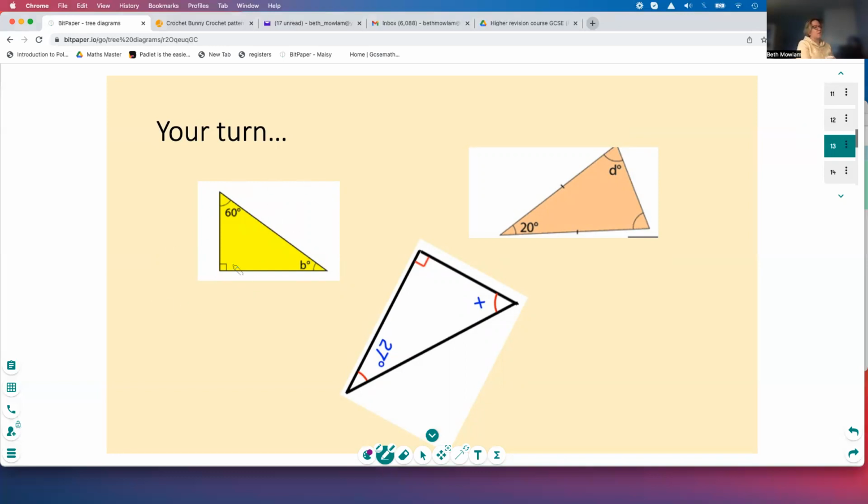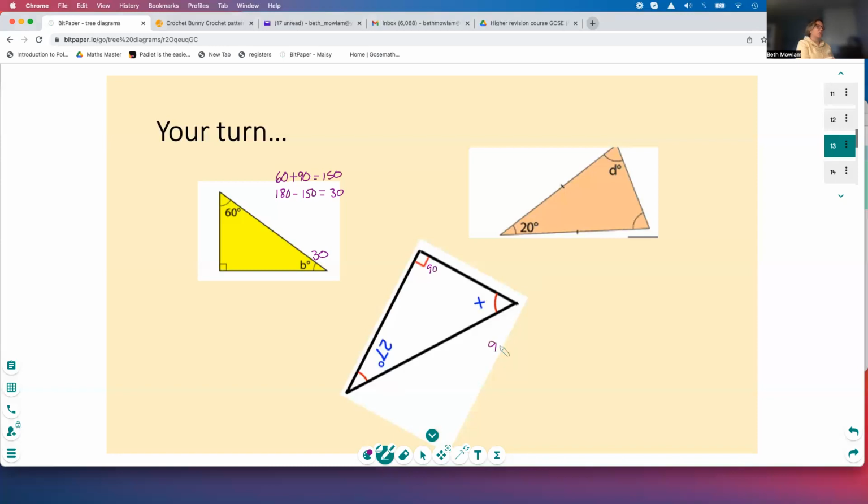So have a go. Again, pause the video, try it yourself. So first one here, we've got 60 add 90 is 150. Remember, we want it to add up to 180, so we do 180 minus 150, which is 30. So B would be 30. Remember, calculator or non-calculator. Second one here, look, we know this one's 90.